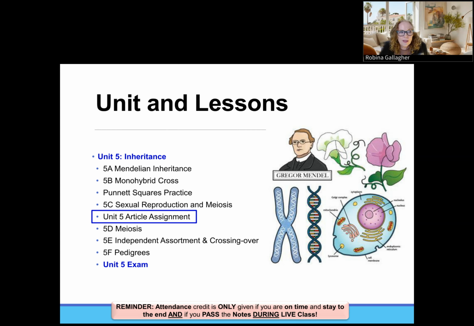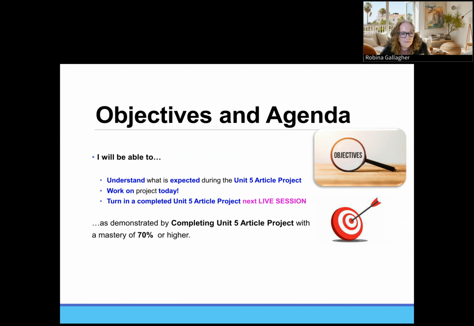Do remember that we have been talking about Mendelian inheritance, monohybrids, and doing some Punnett squares, right? The second half of the inheritance unit is all about variation. So that's what we're going to be kind of looking at in these 2 articles that we're going to read.